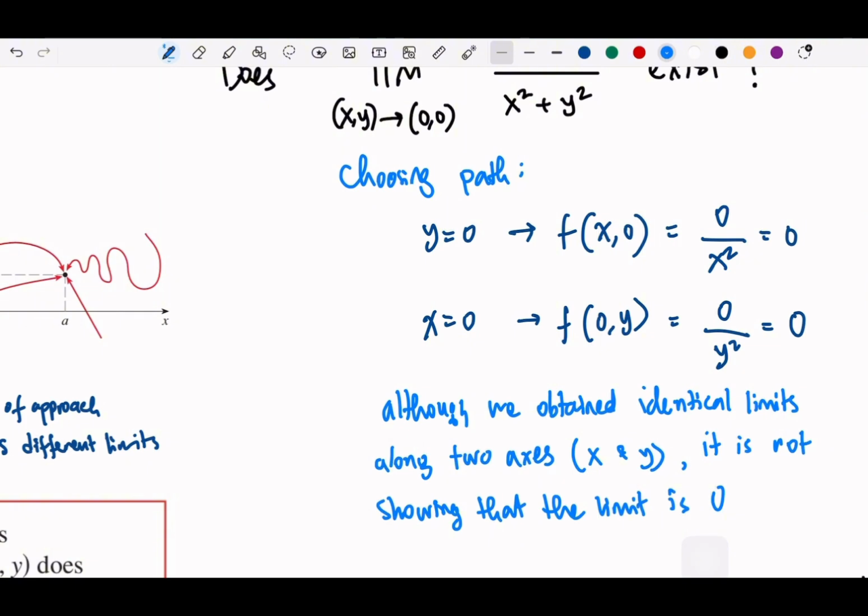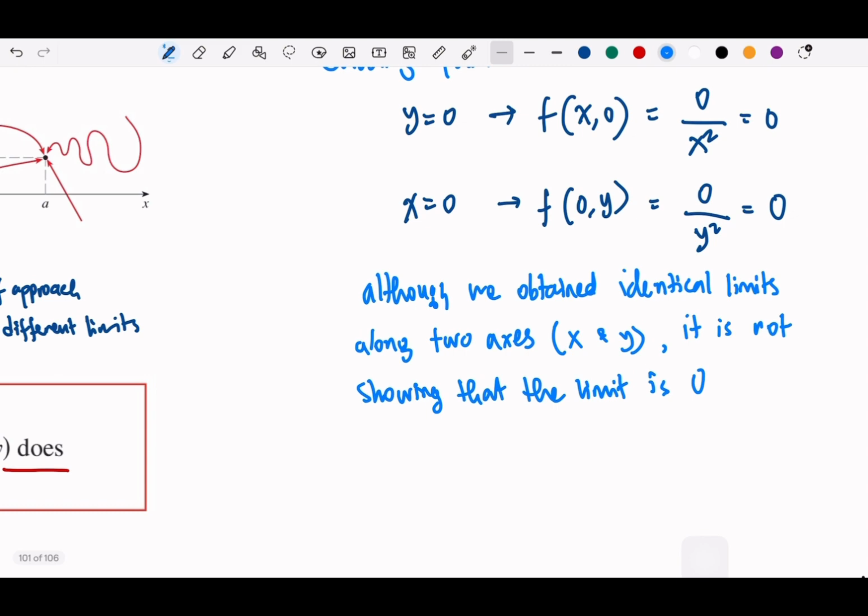What we can do, however, is take another line.